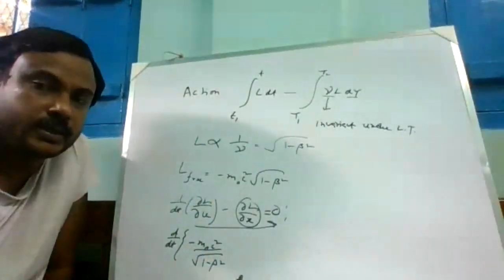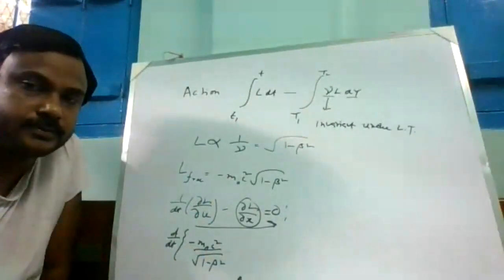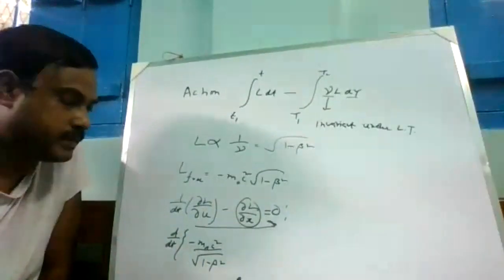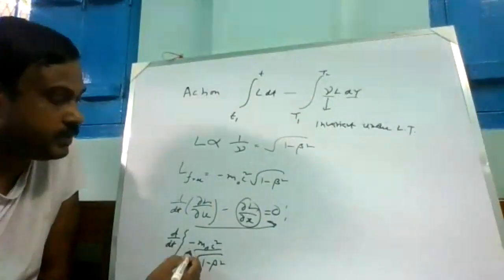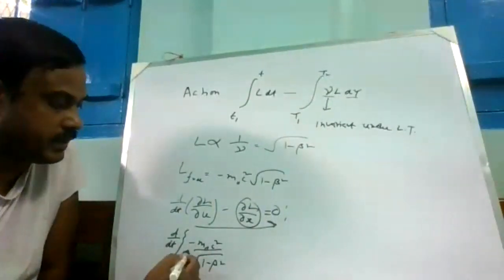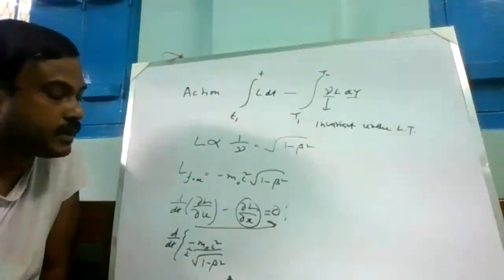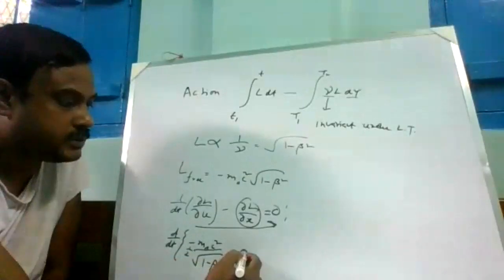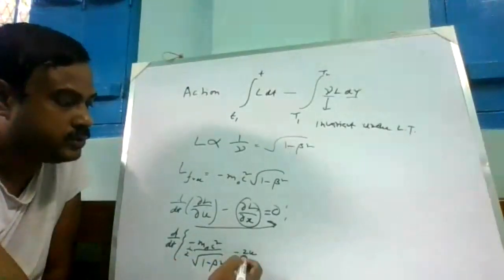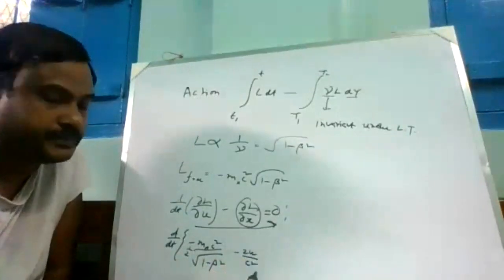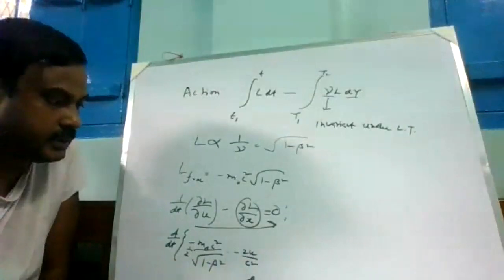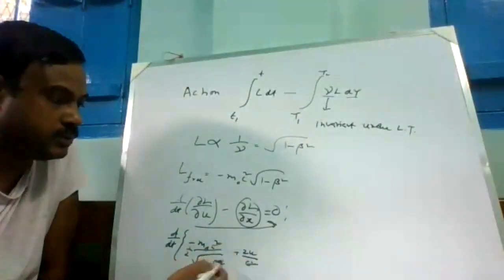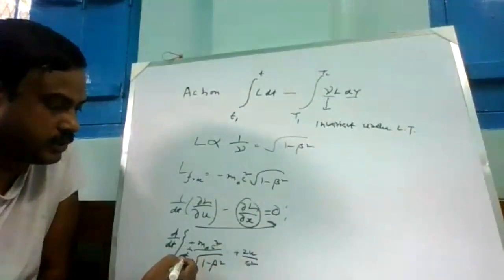Now beta square contains u square by c square, so a factor of 1/2 will be there, and this will be minus twice u by c square. This c square will go, this plus minus will go.